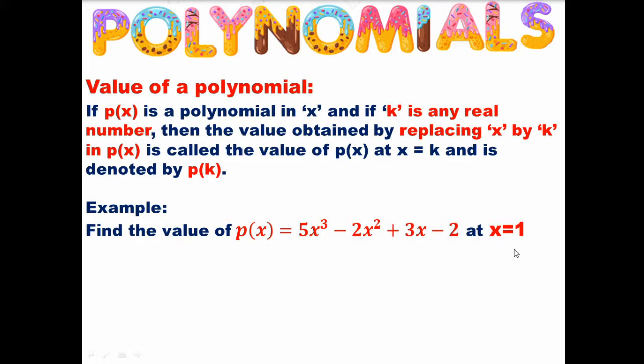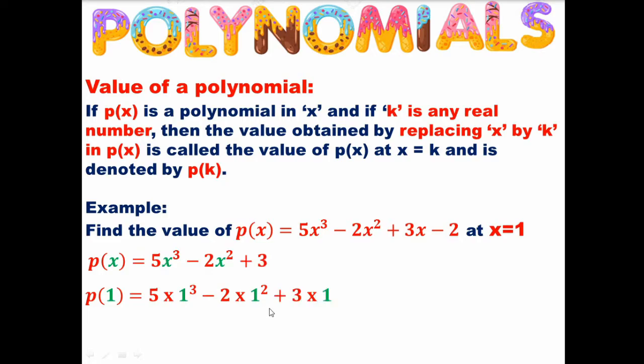Now shall we proceed to find the value of this polynomial at x equal 1? What should we do in order to find the value of polynomial? We should just replace x by 1. So the first term 5x cube, I replace it as 5 into 1 cube. 2x square, I replace it as 2 into 1 square. 3x, so I give 3 into 1 minus 2, and this on simplification gives me the answer 4.